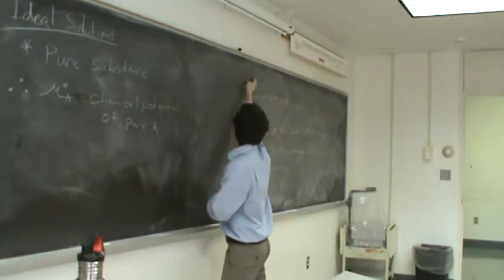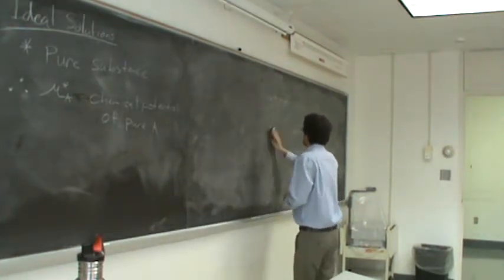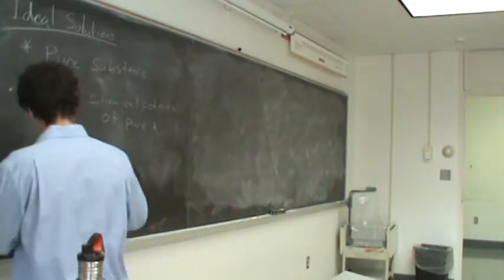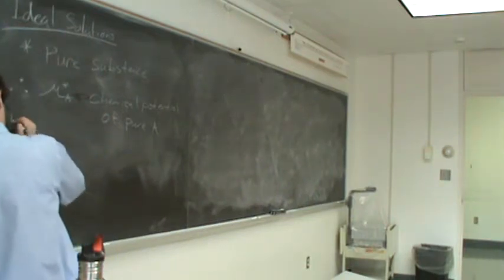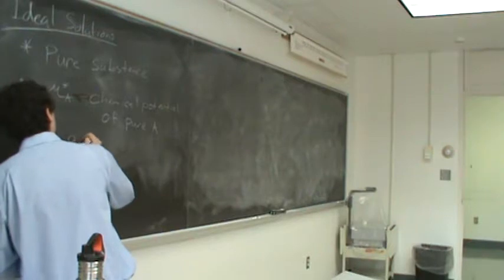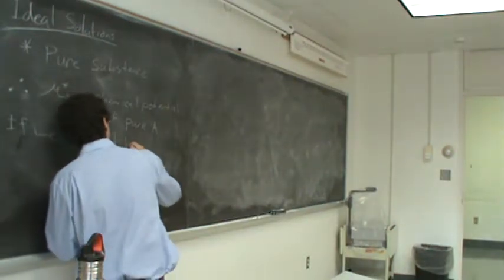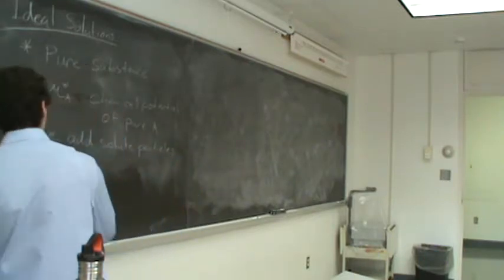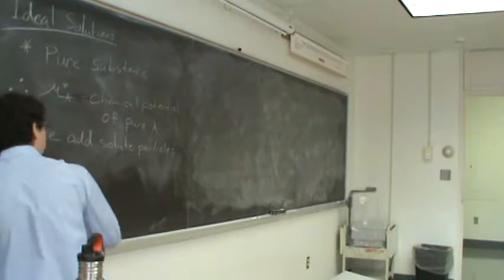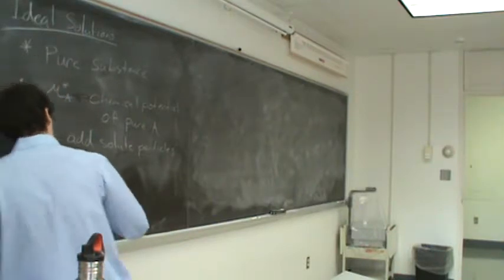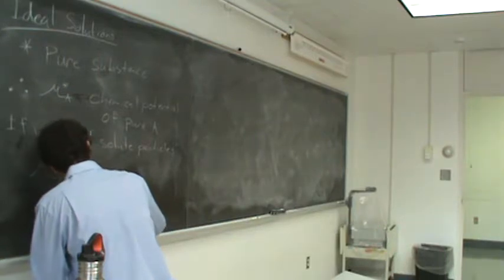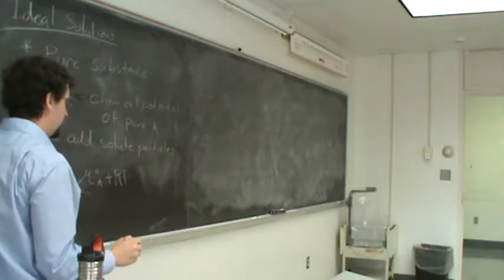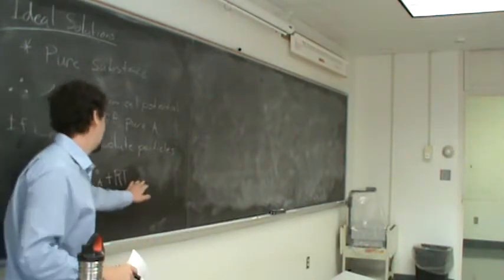Okay, and how is this chemical potential defined? So if we add solute particles, we then get mu A, right? So we're no longer at mu A star. We get mu naught sub A plus RT, and then what was that last term for gases?